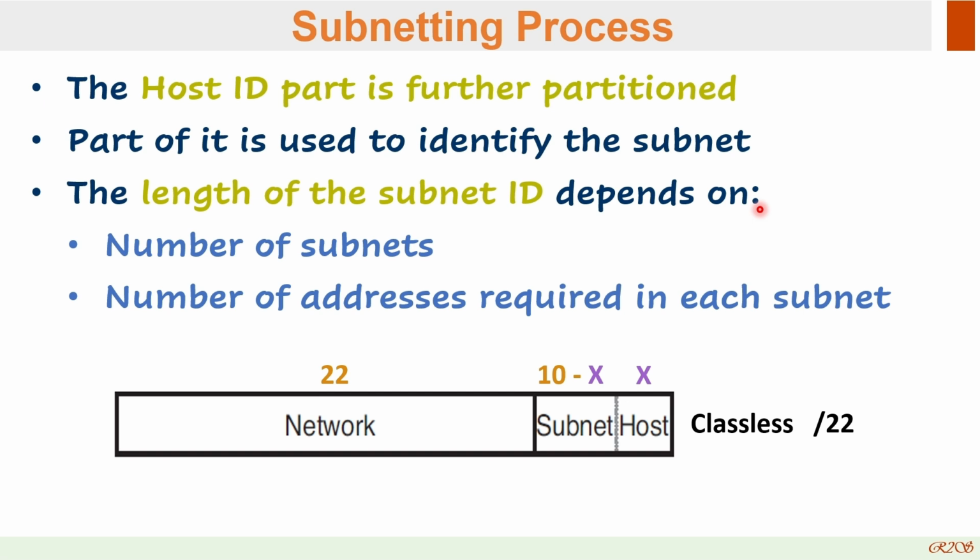So again, to do subnetting, we borrow bits from the host part of an IP address, and how many bits we need depends on how many subnets we need, or how many bits we need for a subnetwork.